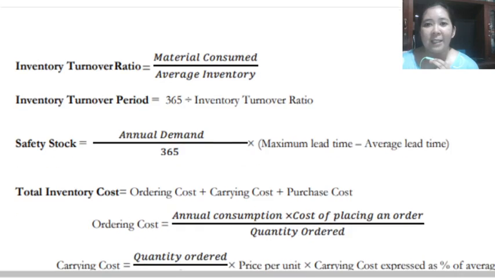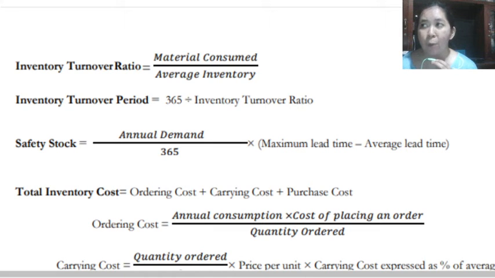We will discuss more about economic order quantity in another separate module. For the next formula, for our materials, we have the inventory turnover ratio. When we say inventory turnover ratio, this is the percentage of converting raw materials to finished goods and finished goods to sales. So this is the cycle of the inventory from the purchase of inventory up to the point of sale where this was already converted into cash.